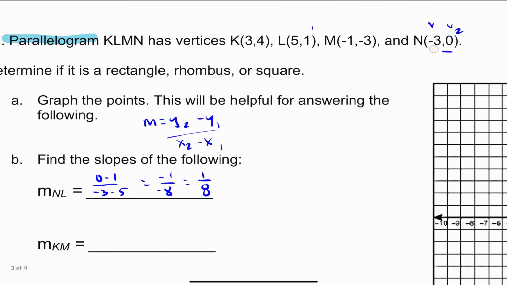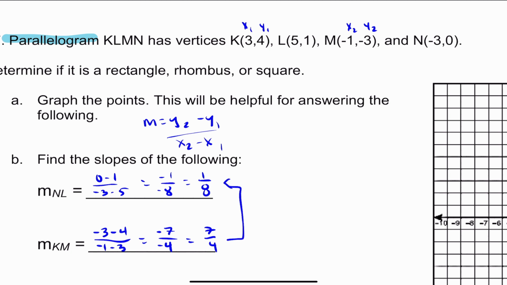Let me erase this. x sub 1, y sub 1, and then x sub 2, y sub 2, with -3 minus 4 over -1 minus 3. So I get -7 over -4. So that's 7 over 4.